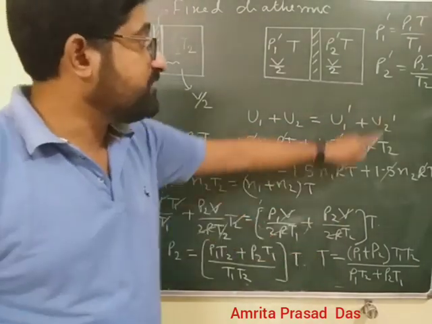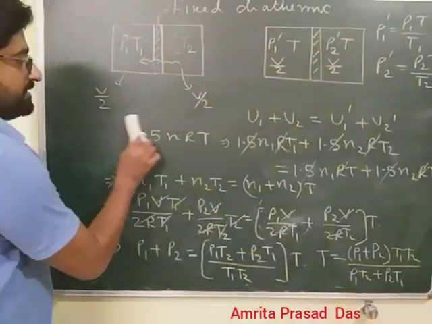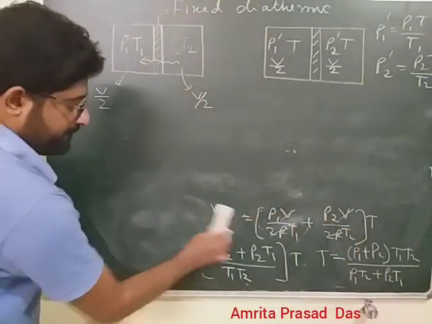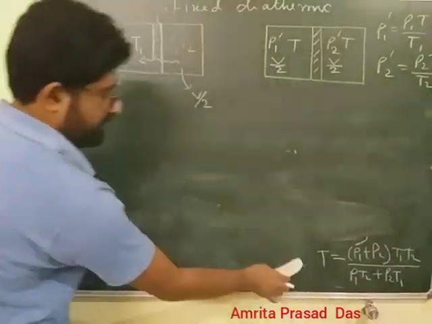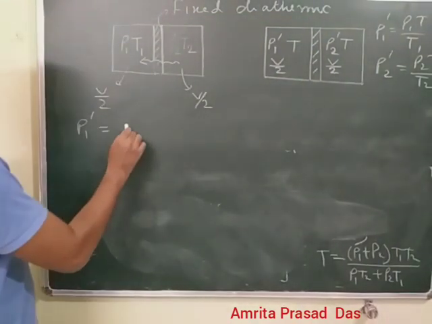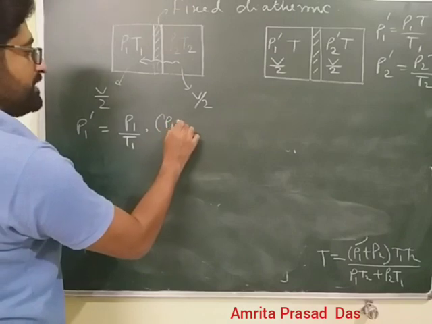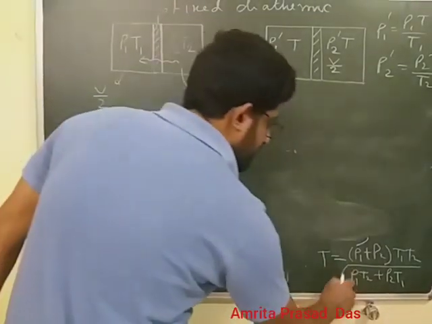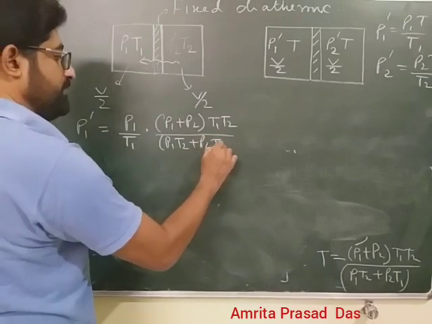Now you can put this final temperature to find out the final expression of the pressures of these two chambers. Therefore, P1 dash is equal to P1 by T1 into T, that is P1 into T1 T2 divided by, we can write this as a constant, T1 T2 plus T2 T1.